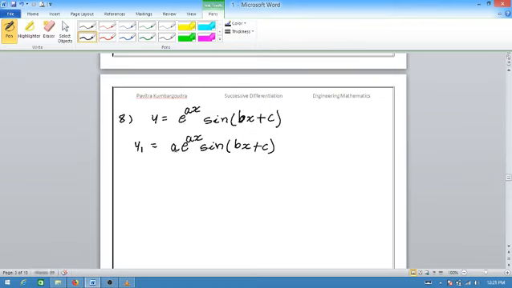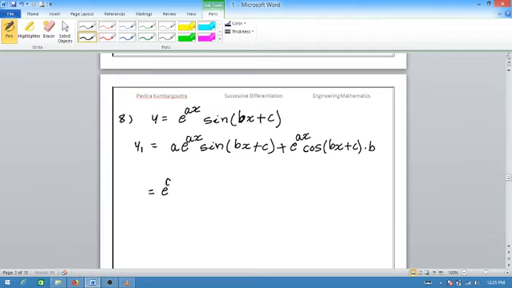So I've kept sine bx plus c as it is. Differentiation of e to the power of ax is a into e to the power of ax, product rule. So plus, I will write e to the power of ax as it is. Differentiation of sine is cos bx plus c into b, right? So apply the product rule here. What is common here?